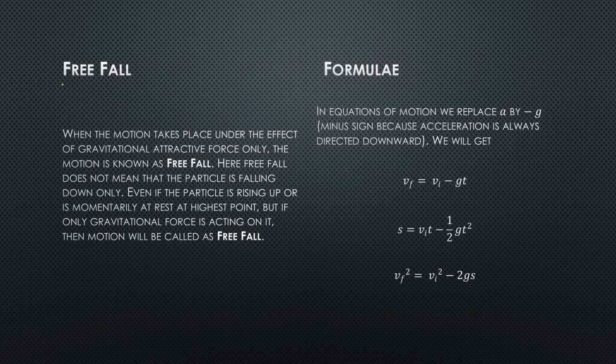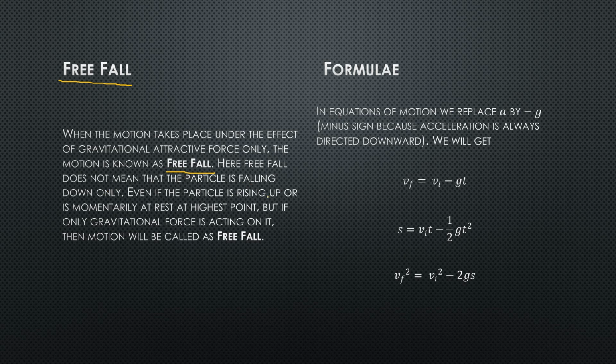Now, free fall. When the motion takes place under the effect of gravitational attractive force only, the motion is known as free fall. For example, if you drop a ball from the top of a building, or you throw a ball vertically upward and it comes back to the ground. Free fall does not mean that the particle is falling down only.